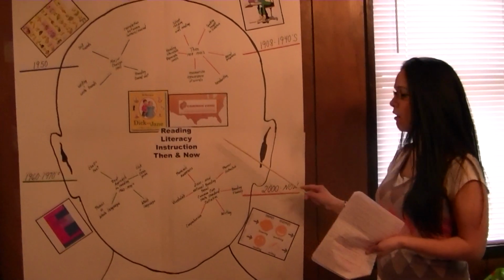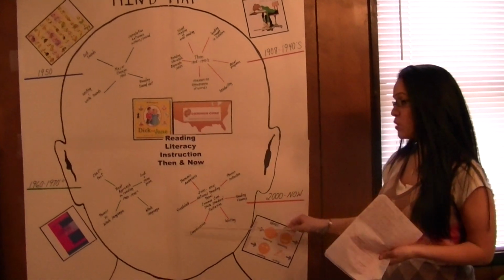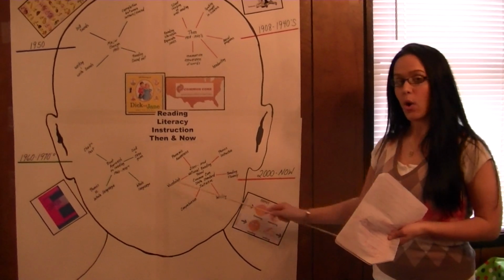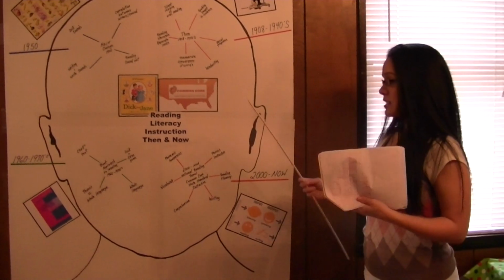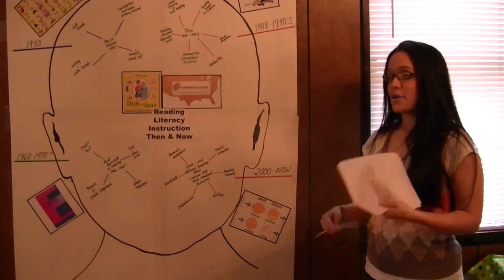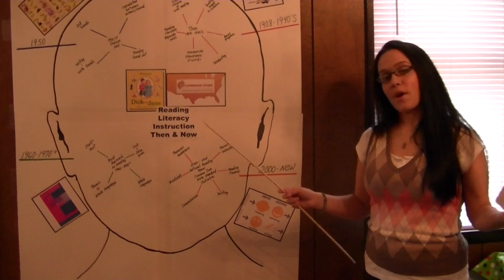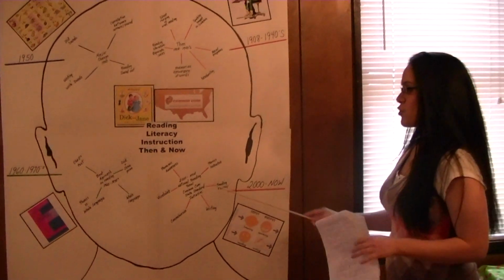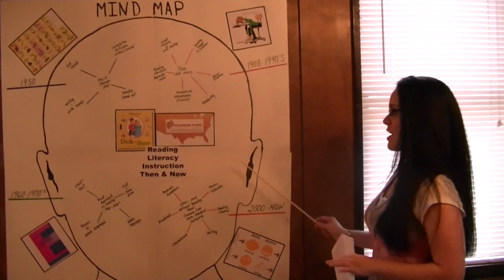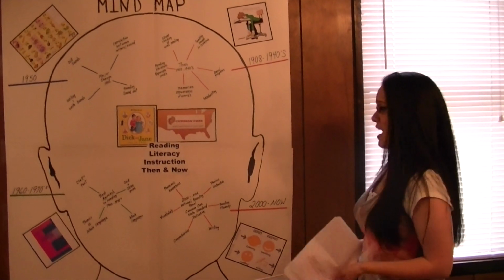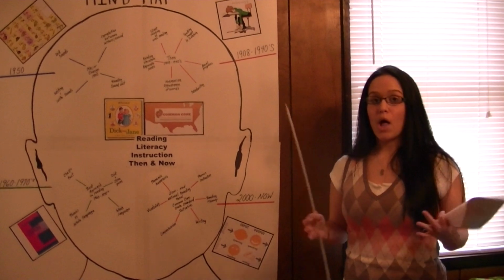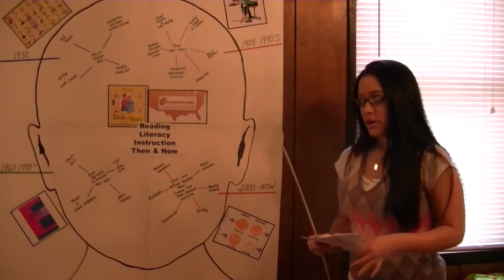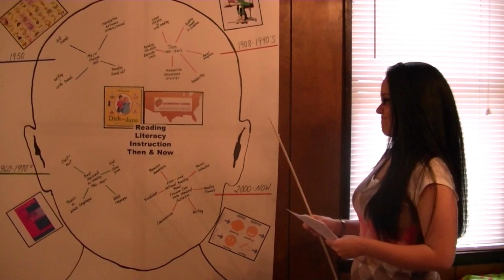I think it's a well-balanced approach, and you can certainly incorporate whole language into this by teaching all of these things, and you're teaching it in a unit about weather, or you're teaching it in a unit about farms. So you can definitely do whole language and phonics and all of these other components together, and I think it just provides a well-balanced approach to make individuals literate for college and the workforce.